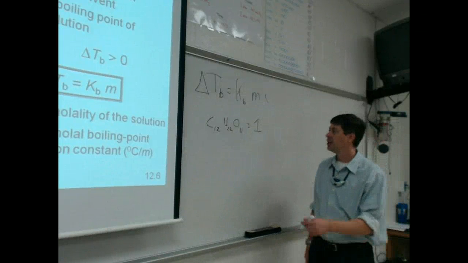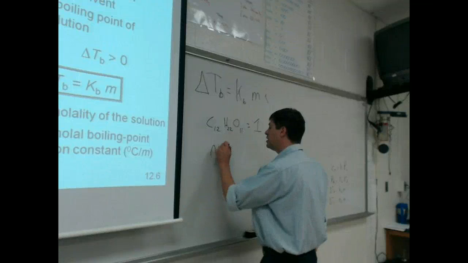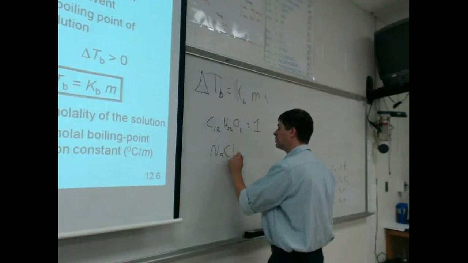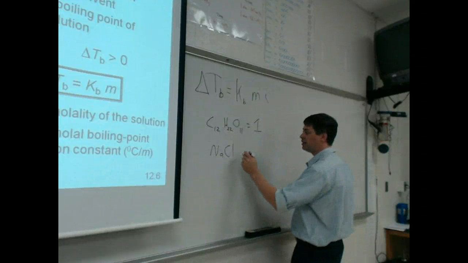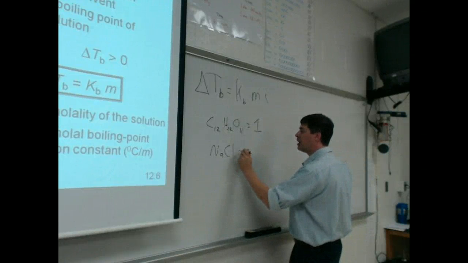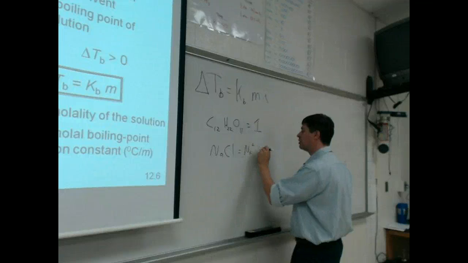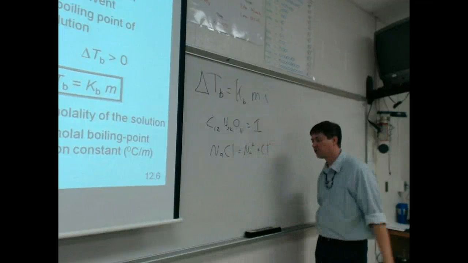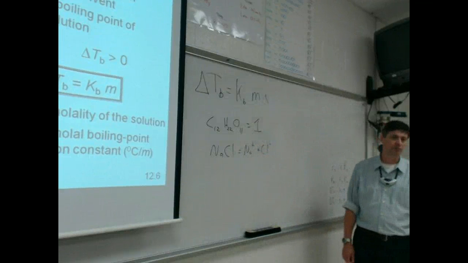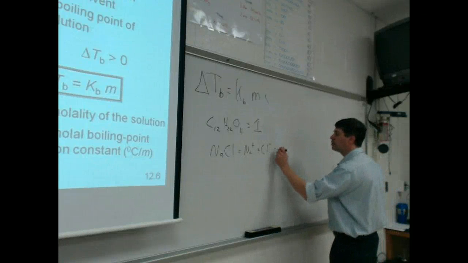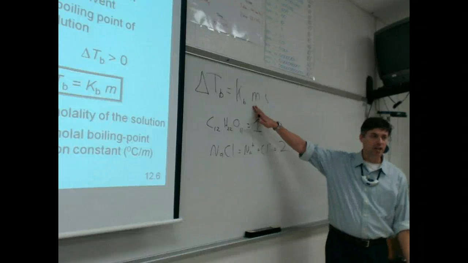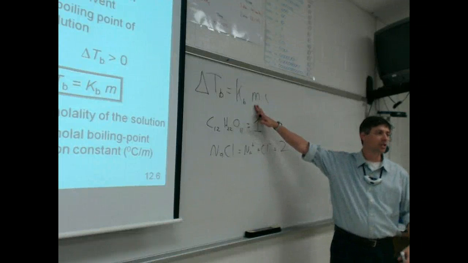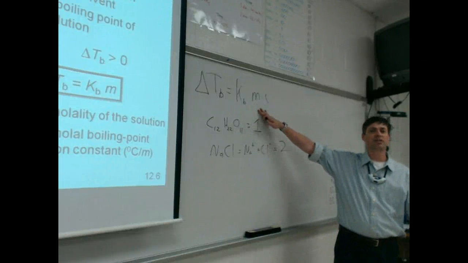But if my solute is sodium chloride, if I dissolve that in aqueous solution, I really get 2 particles for the price of 1. So my Van't Hoff factor would equal 2. So my effective molality would be doubled because I'm getting twice as many particles.